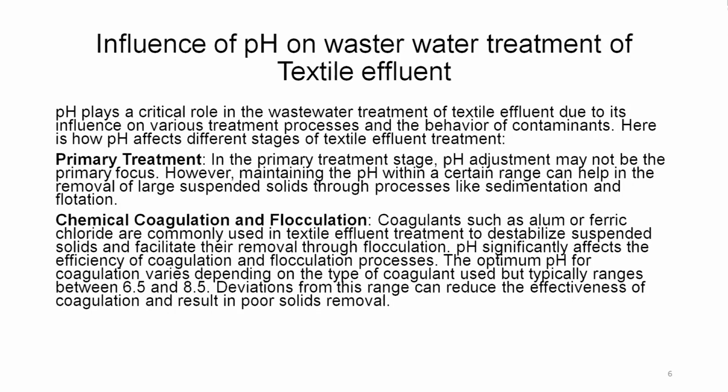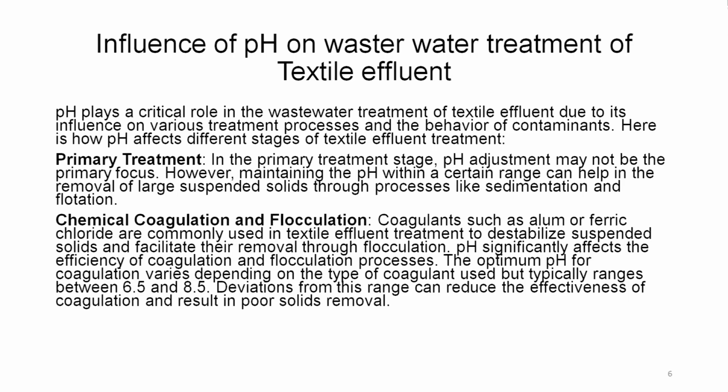Influence of pH on wastewater treatment of textile effluent. pH plays a crucial role in the wastewater treatment of textile effluent due to its influence on various treatment processes and the behavior of contaminants. Here is how pH affects different stages of textile effluent treatment.